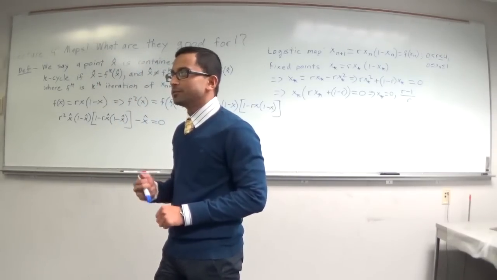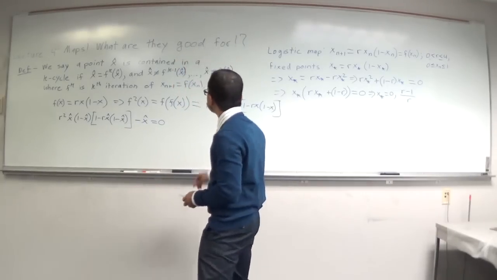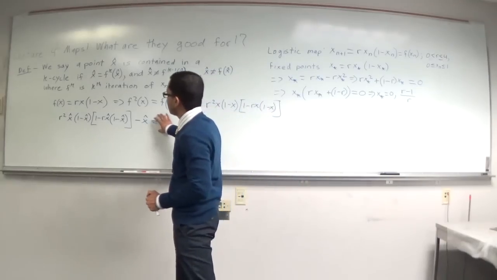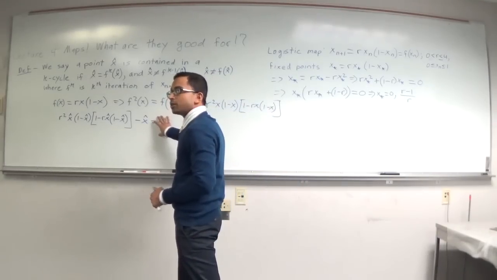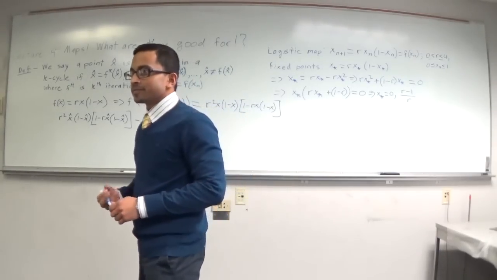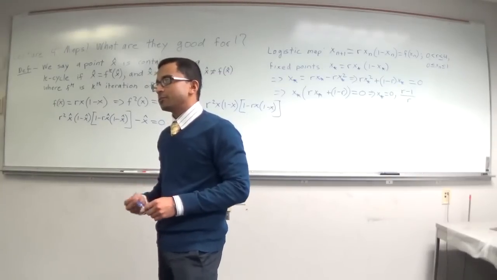So what can we do with this? How do we remove the fixed points from this? The fixed points are going to satisfy this as well, right? How are we going to discard those fixed points from that equation?